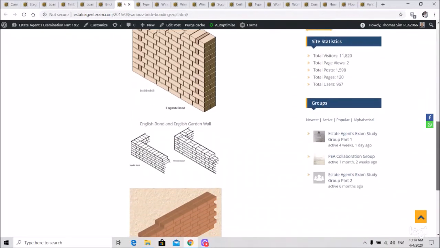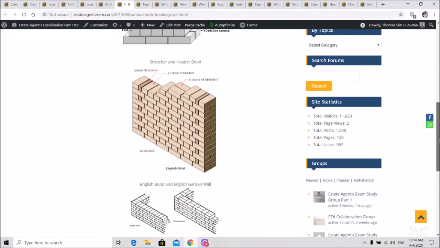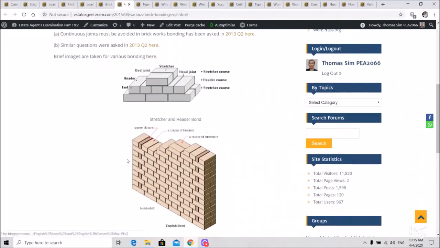One of the bondings is called English bond, another one is called Flemish bond. Flemish bond is also called a Dutch bond. Anyway, the difference is that the English bond is stretcher one layer and then header another layer, right?